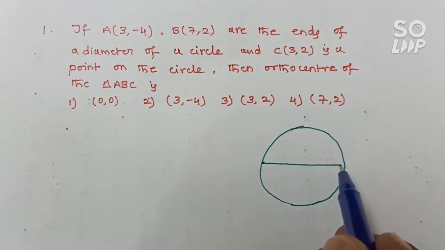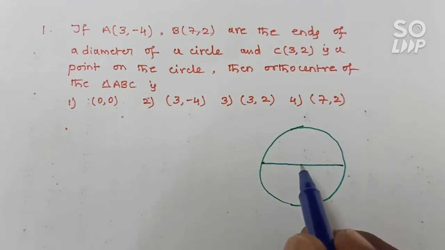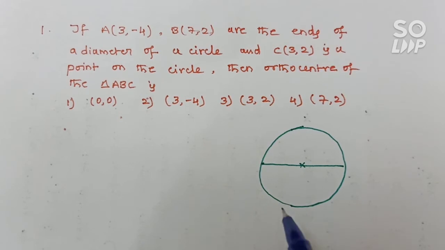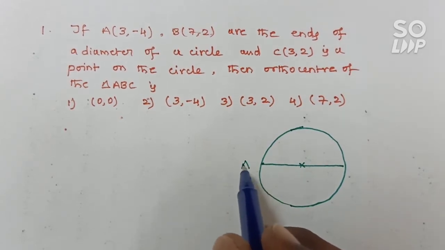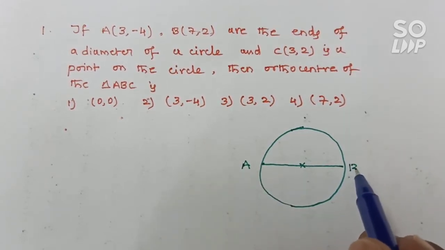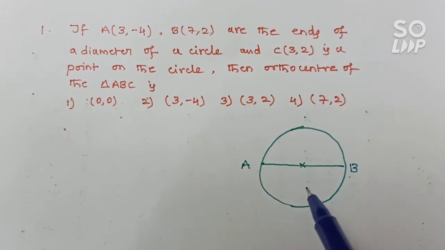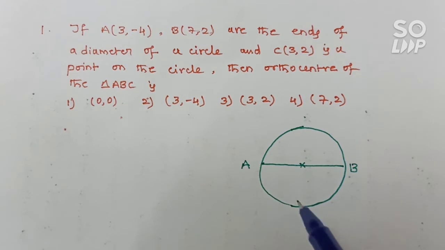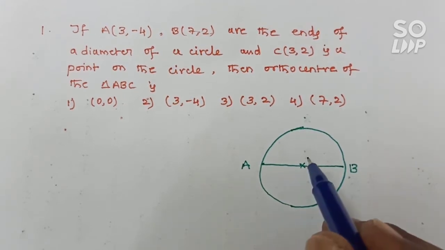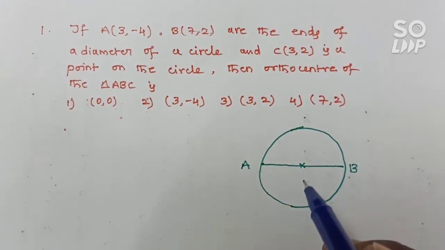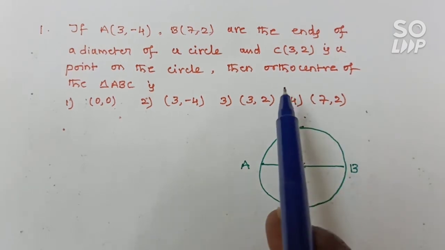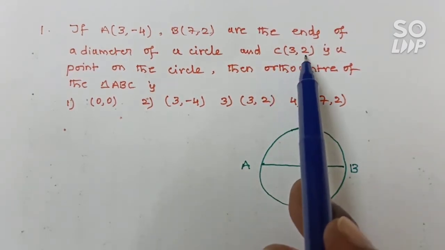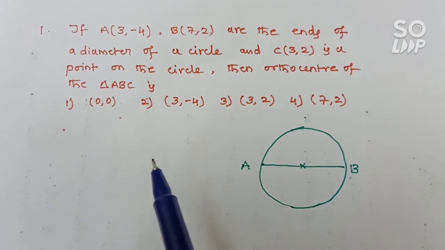Diameter means what? Which passes through the center of the circle. This one is that center. Here A and B are ends of the diameter. Then above the diameter and below the diameter are the semicircles. And next one, C is equal to (3, 2) is a point on the circle.